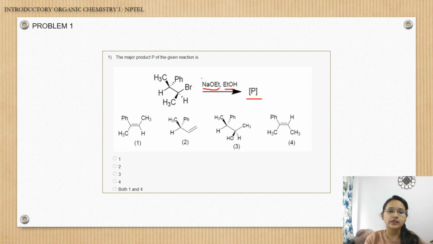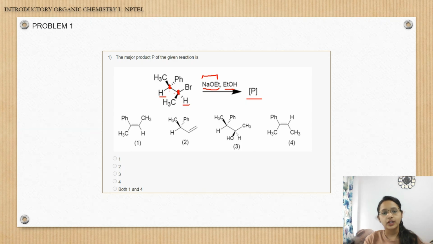Now you have to look at where the abstraction of hydrogen takes place. There are two chiral centers present here. Either this hydrogen or that hydrogen will get abstracted, because there are only two possibilities.